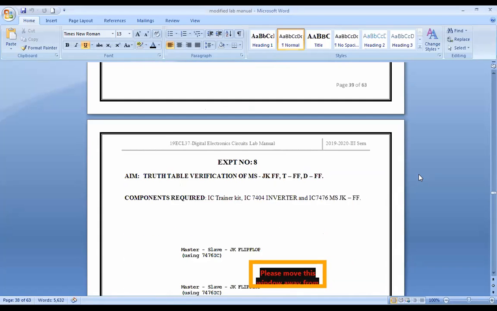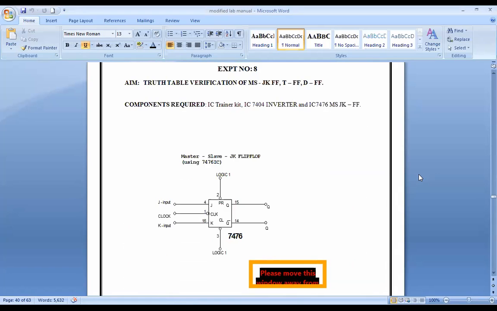a different experiment, which is nothing but your flip-flops. I think it's a very well known terminology. What's a flip-flop?